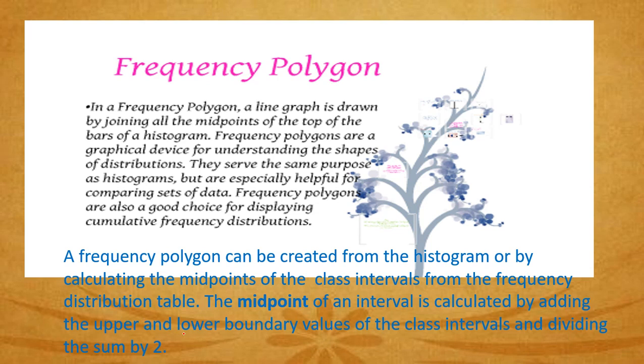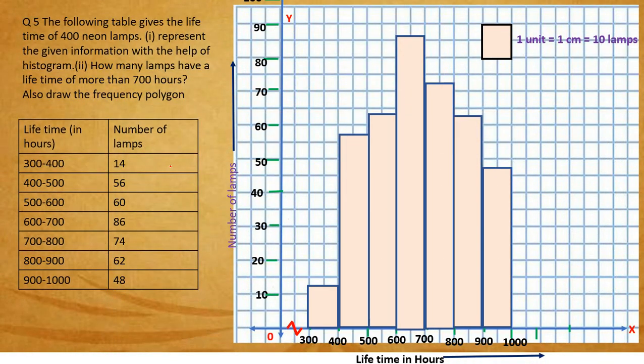Let's understand the drawing of a frequency polygon using the histogram. So we consider the previous example. In the previous example, we drew this histogram for the given data, the lifetime of lamps. In the same, we have to draw the frequency polygon, and what is said is that we have to take the midpoints of the tops of the rectangles like this. This is the midpoint of the first bar, this is the midpoint of the second bar, this is the midpoint of the third bar.